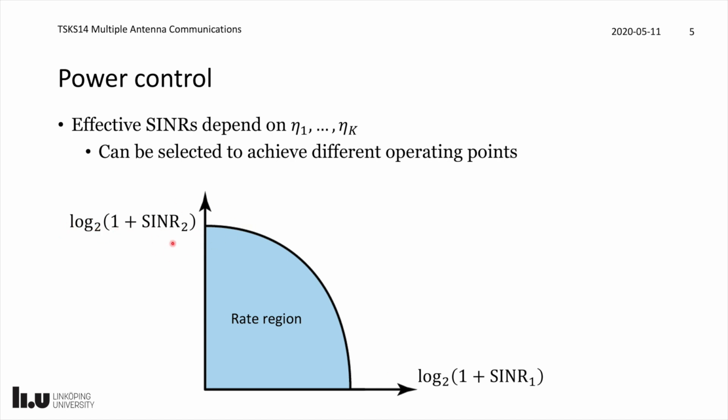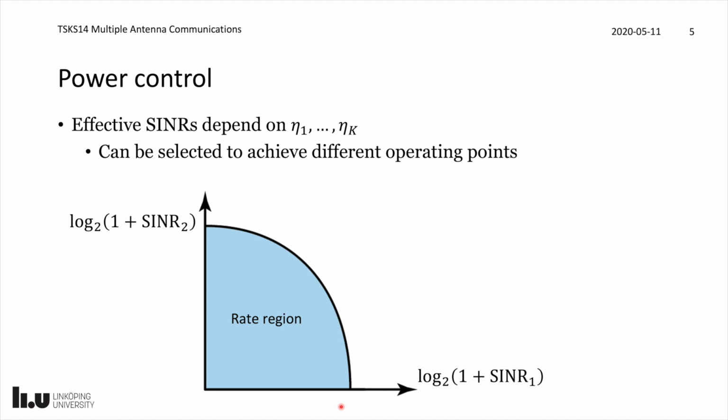And then there is a region of different points where the users can get different values at the same time for the two rates. Where we end up in this region depends on our selection of these power control coefficients, eta 1 to eta K. So by selecting them in different ways, we can end up inside the region or at different points on the boundary here. And it is at the boundary where we would like to operate the system.